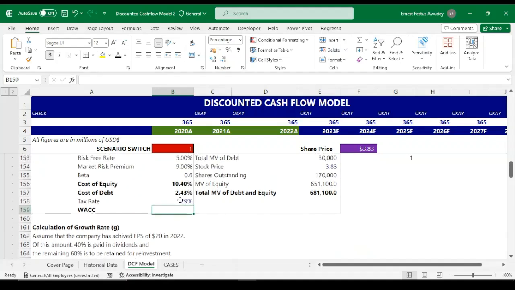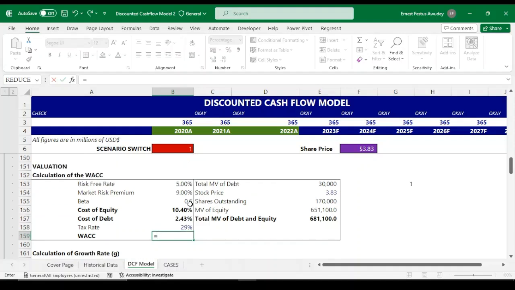So the WACC will be equal to, as we have seen in the formula, the market value of our equity, let me put it in brackets, divided by the total of the market value of equity and debt. I'll close the parentheses and multiply that by the cost of equity, right here.